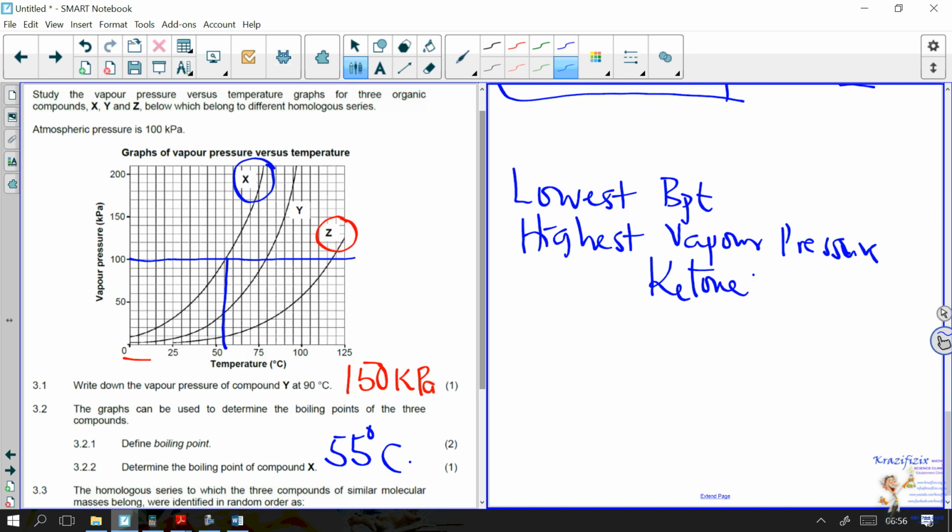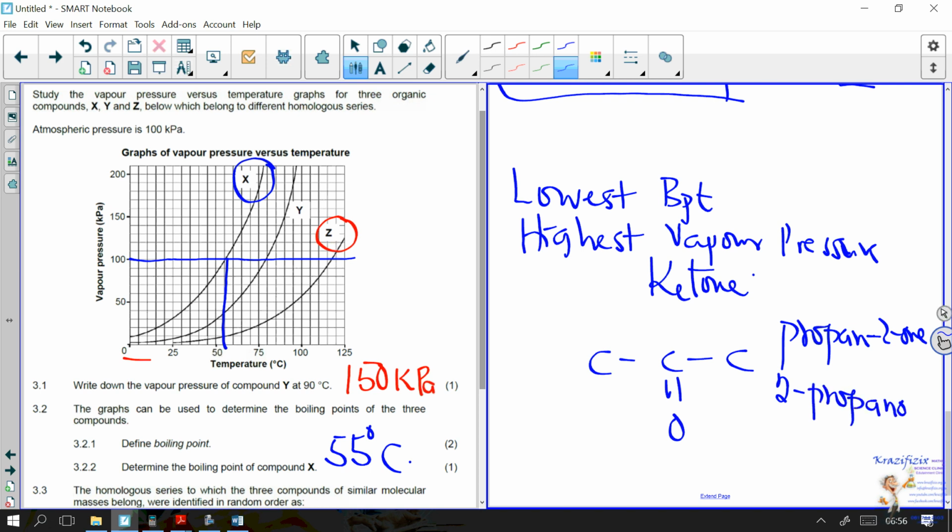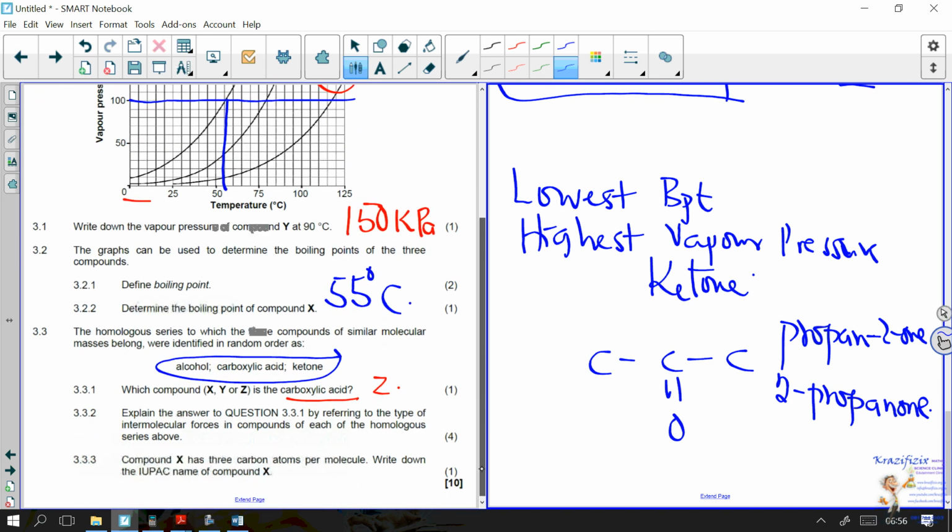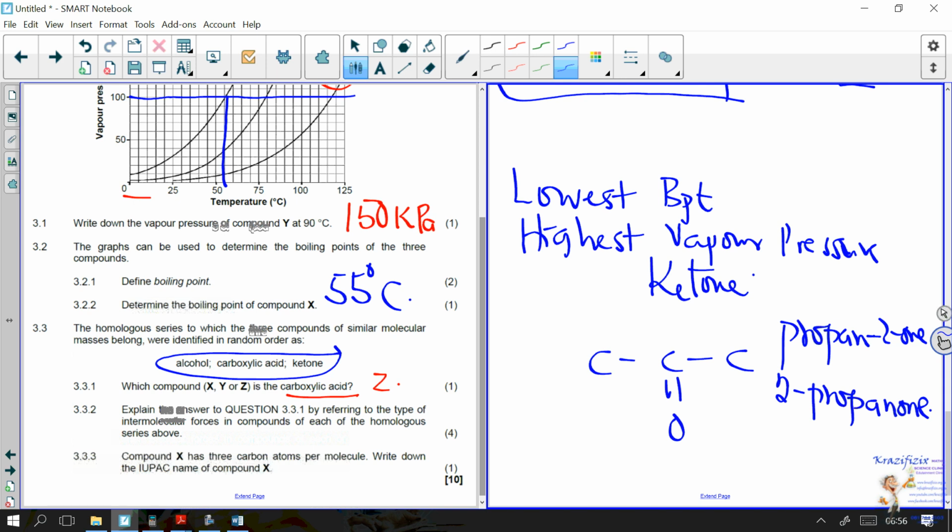So what should we have there? All right, it's propane. Now to be sure, it's a ketone with a 3. Remember your ketone, it must be now in the middle. So what is this? It's propane-2-one. Or you can simply write 2-propanone.